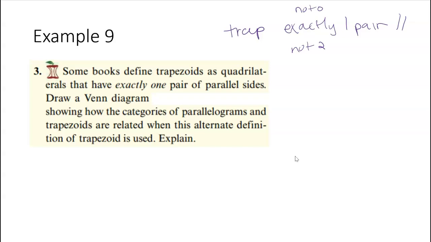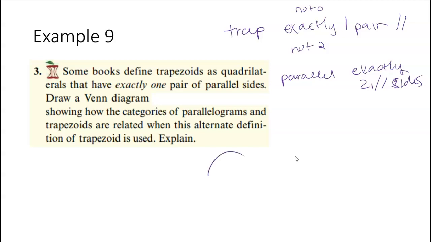And they want us to compare parallelograms. So what's our definition of a parallelogram? A parallelogram has exactly two parallel sides because opposite sides have to be equal. So both have to be equal. Well, if you have exactly 1 and exactly 2, there's nothing in common there.